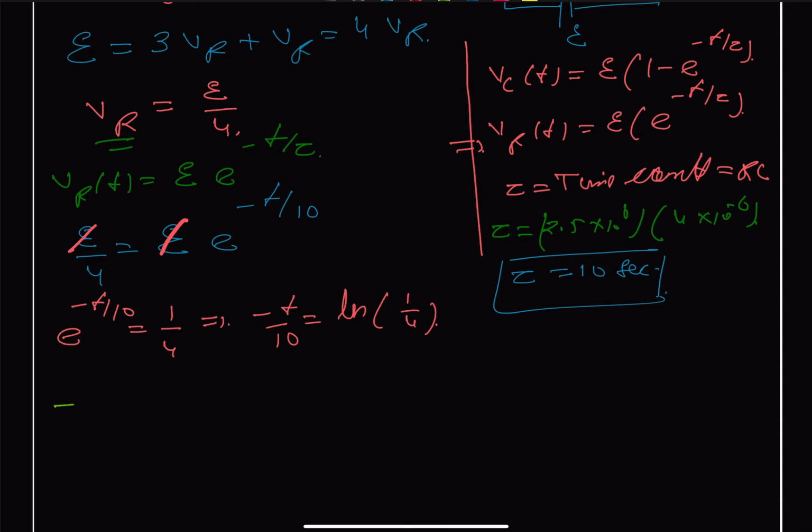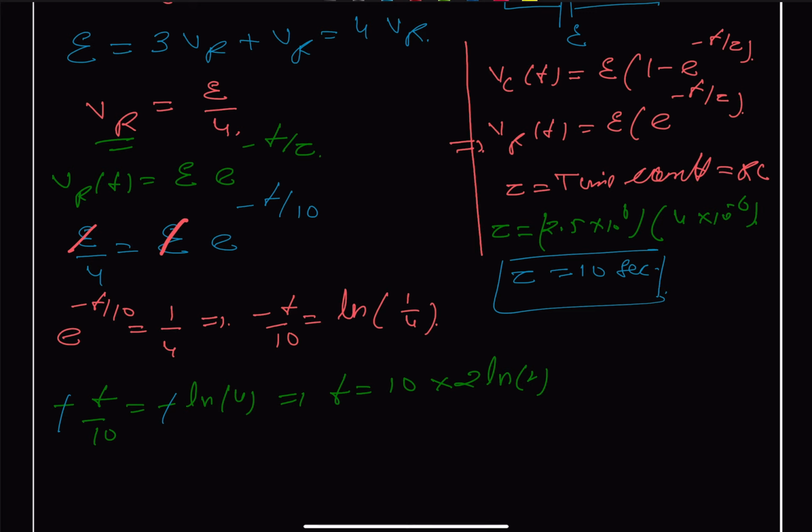The minus and minus go away. So t will be equal to 10 times 2 natural log of 2.